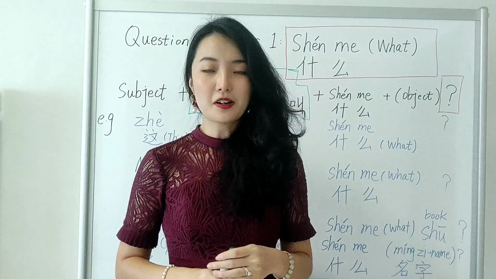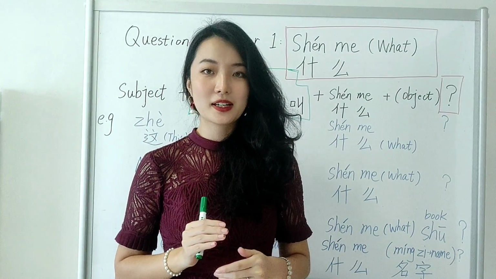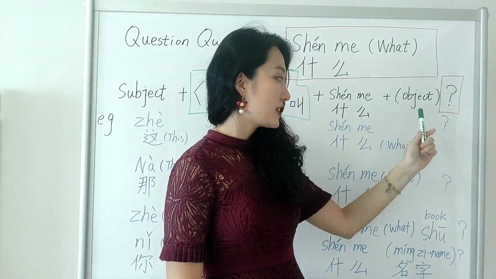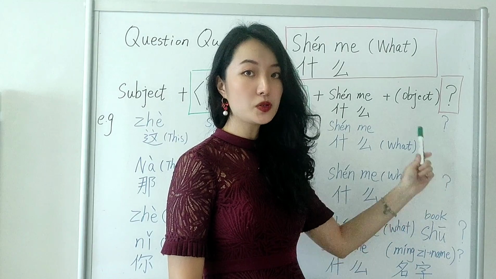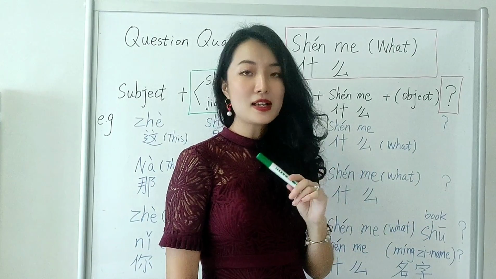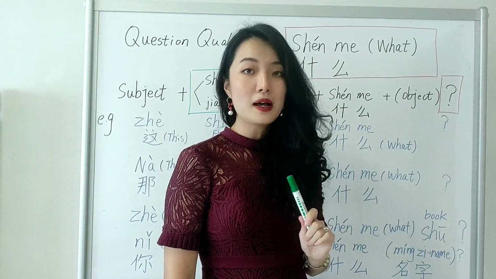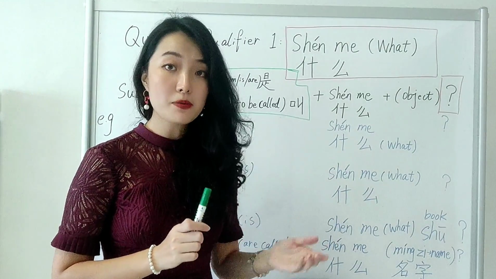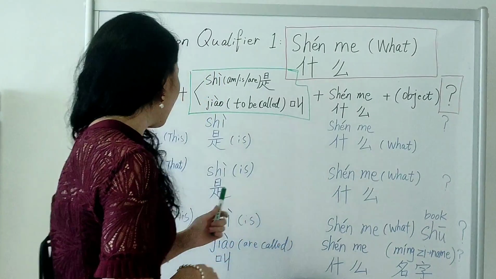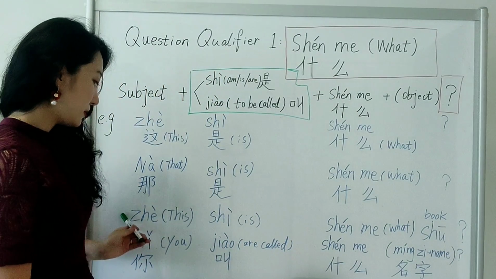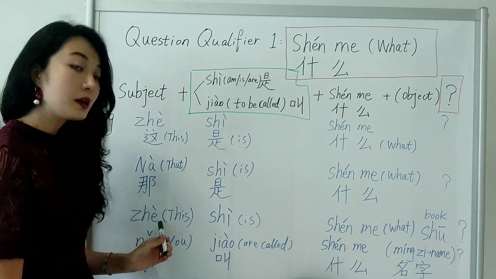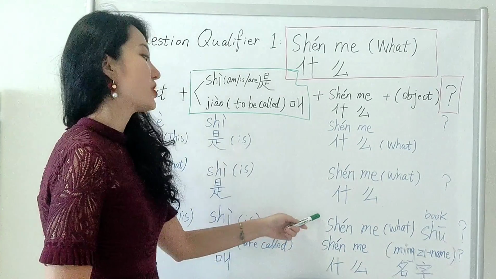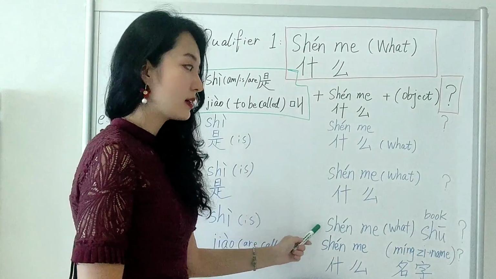These two examples are very easy and very basic. And as I mentioned here, there is an optional object, and it didn't appear in those two sentences. So let's have a look at the example below and to see in what type of circumstances you will need to add an optional object. Okay, this example starts with 这, which means this. 是 is. 什么 what.